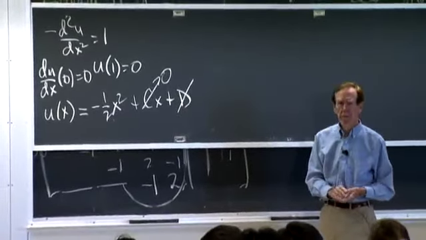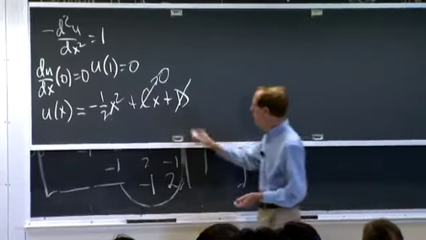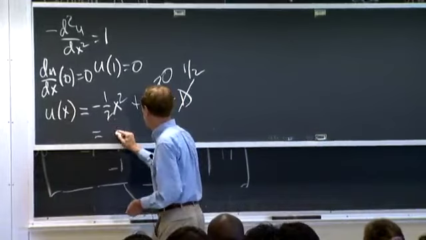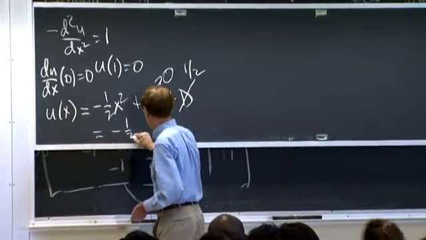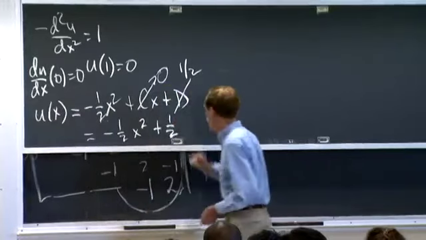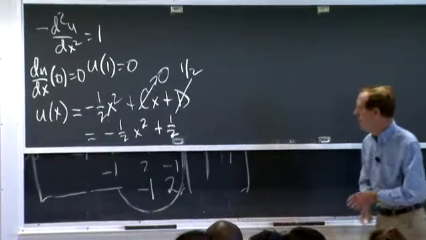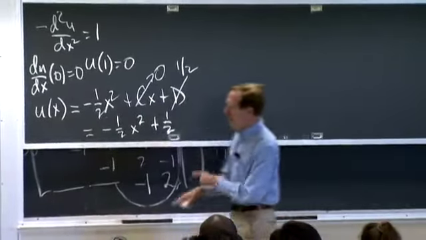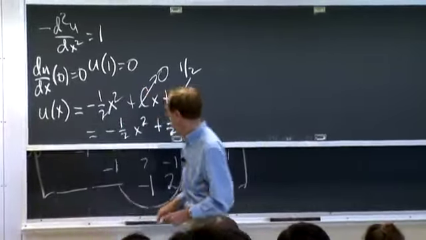It's 1/2. I need 1/2. So the answer is minus 1/2 of x squared plus 1/2. Not 1/2 x as it was over there, but 1/2.